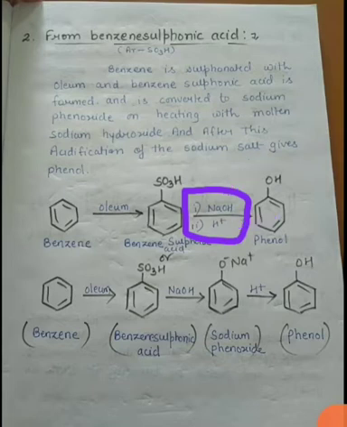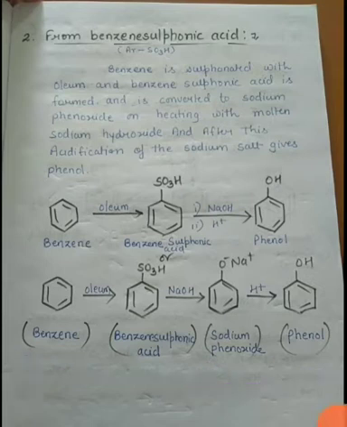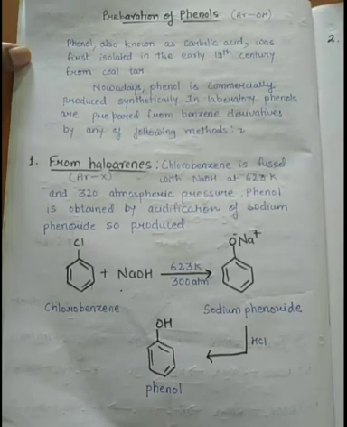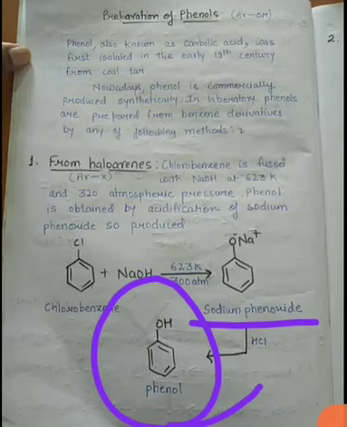So it is related to the earlier product. Up to this the steps are new, but after this, when we react it with NaOH, sodium phenoxide is formed and this is acidified to form phenol. You can see in the earlier reaction also, sodium phenoxide was acidified and our product, that is phenol, is formed.